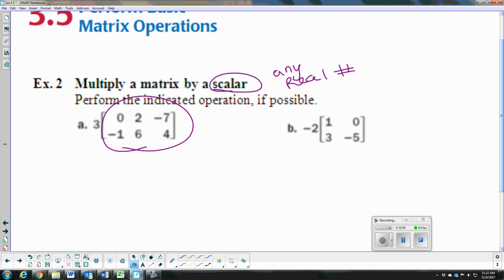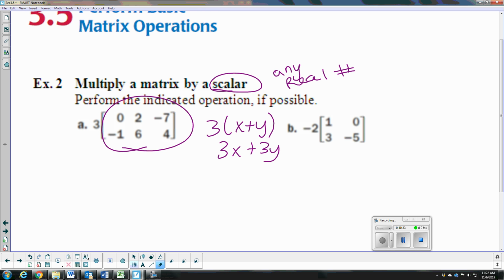So just like you would with the distributive property, if you had 3 plus 2, or actually let's use variables because it's a little bit easier. Okay, so x plus y as your group, you wanted to multiply that by 3. You would multiply each term by 3, so that's 3x plus 3y. Matrices are the same.